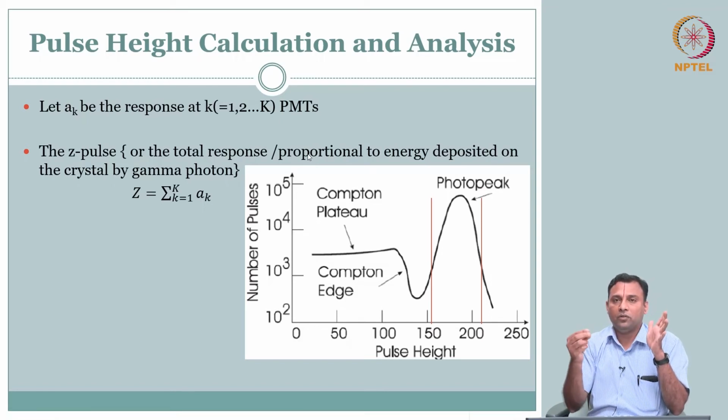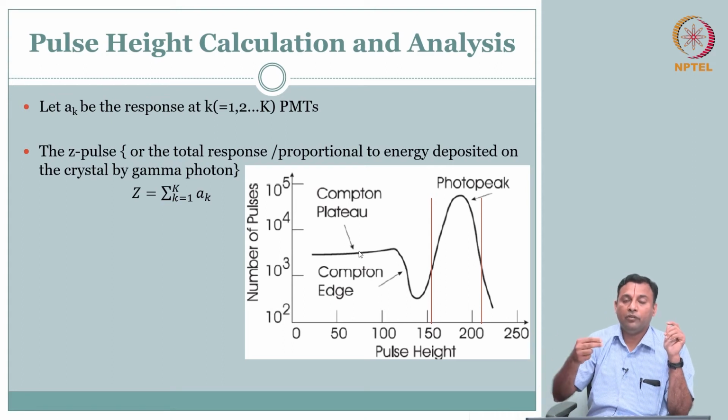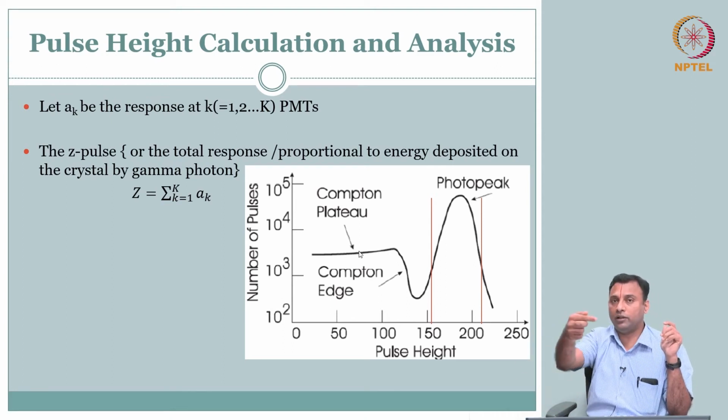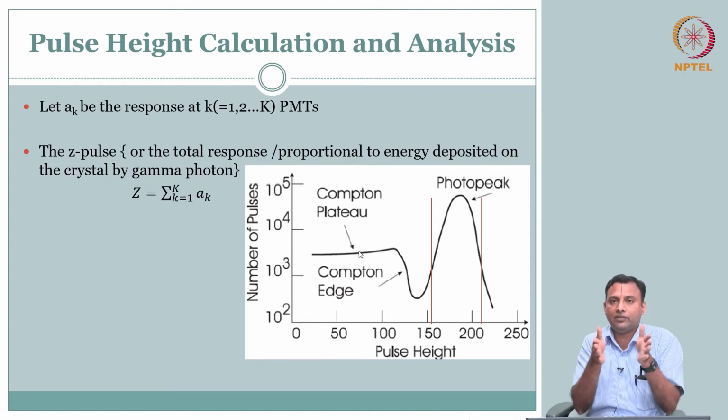What you notice is that when you add, you also get energies that are low. When do you get low energies? When you do not have the actual gamma photon that is released from your radiotracer. When this gamma interacts with the crystal, there could be Compton scattering.